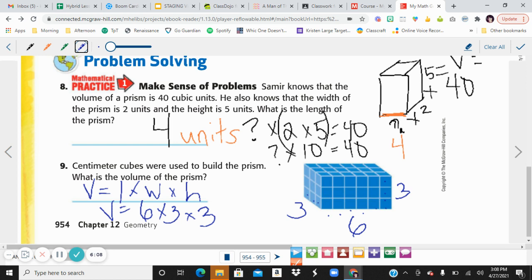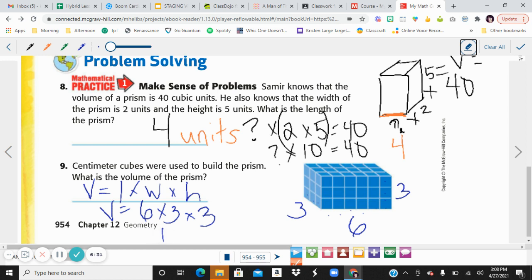And remember, you can multiply in any order because of the commutative property of multiplication. You can do 6 times 3 first, and then you'll get 18 times 3. But you might not know 18 times 3.